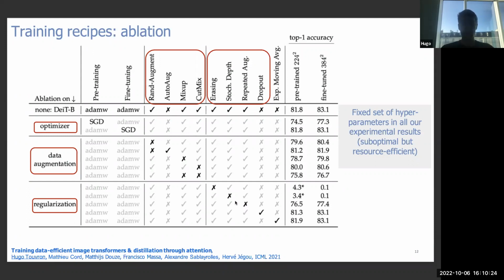But all these results are reached with the same hyperparameters in terms of learning rate. For Mixup and CutMix, we use just one kind of alpha. So maybe here, when we remove stochastic depth, the model diverges, but maybe by readapting the learning rate, it's possible to have convergence. But as you can see, the training is not very robust according to the components we use.